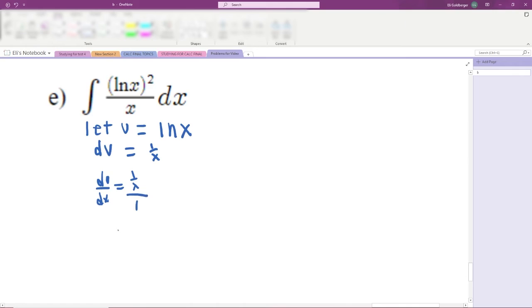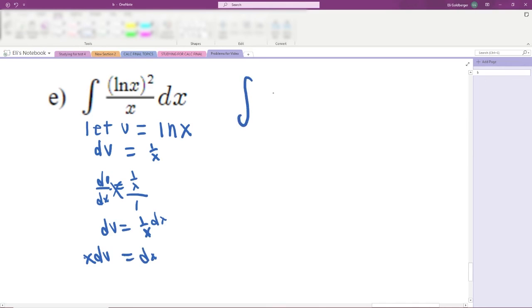And so what we're going to get is du equals 1 over x dx when we cross multiply. And then to get that out of there, we want to multiply both sides by x. So we're actually going to have x du, which equals dx.